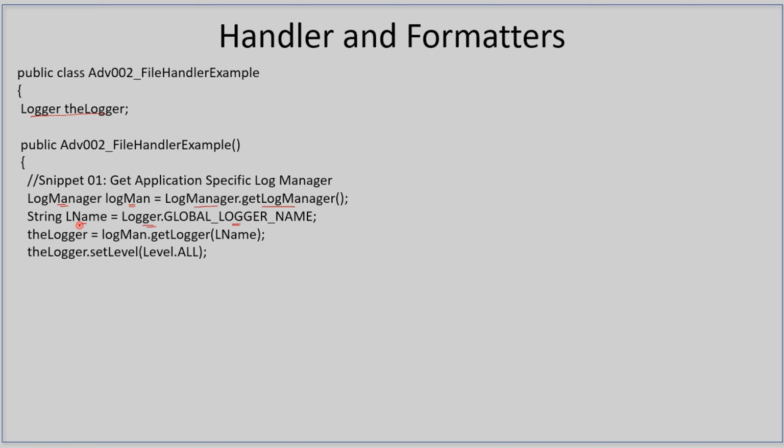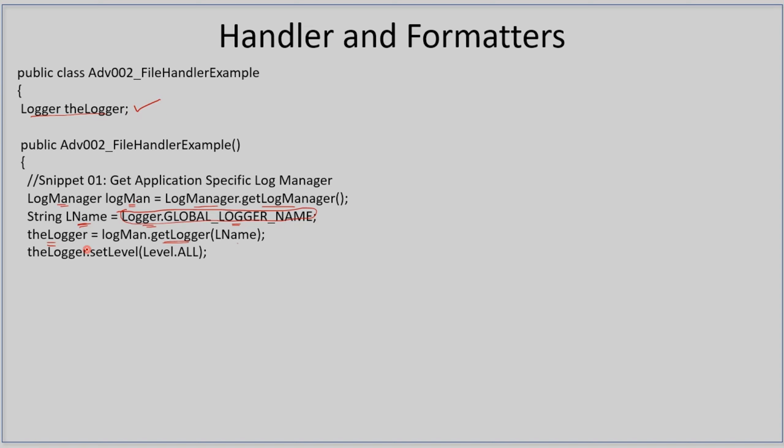If multiple applications are using the same Logger.GLOBAL_LOGGER_NAME, then we will be getting a unique name on a different application. So we retrieved such a unique name for our logger and assigned it here. Then using this logman, we make a call to getLogger, and we pass the name and get the logger. So now we have the logger object ready.